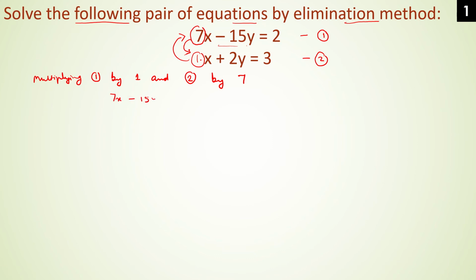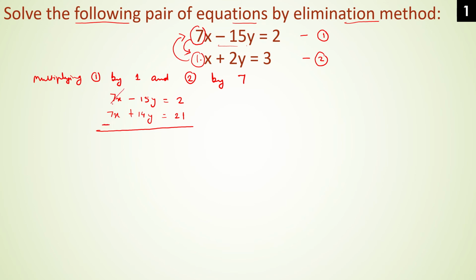7x minus 15y equals 2, and here we get 7x plus 14y equals 21. Now see carefully that the coefficient of x is the same over here, and since the coefficients are the same, we will have to subtract.